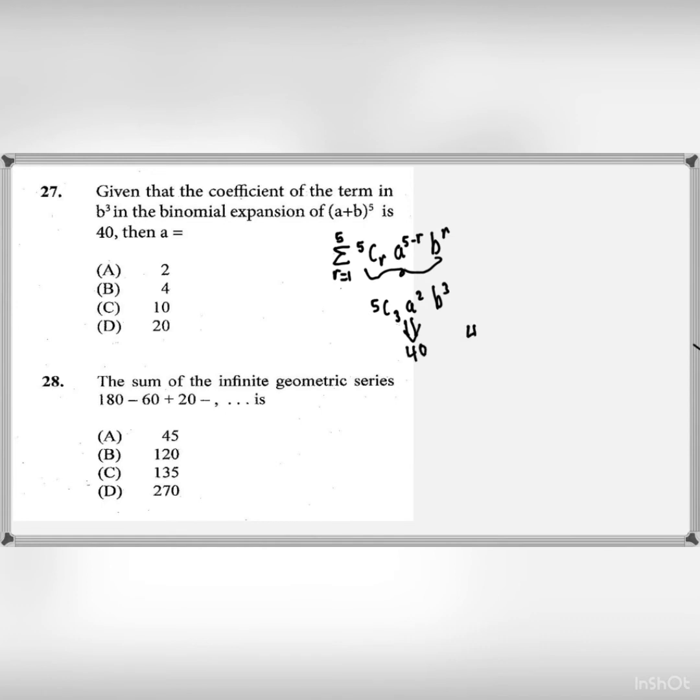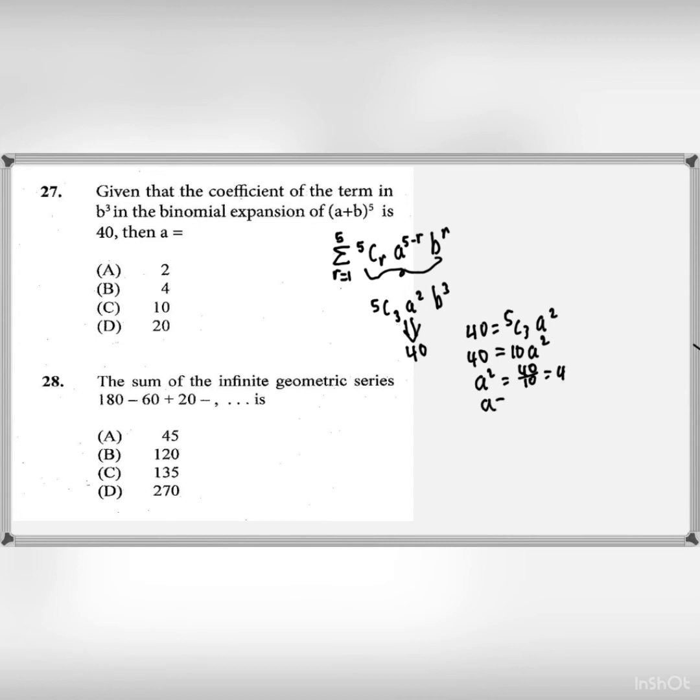So it means that 40 is equal to 5 choose 3 times a squared, and they're asking us to find a. 5 choose 3, if you plug that into a calculator, you will get 10, so 10a squared. Then we solve for a: a squared is equal to 40 divided by 10, which is 4.